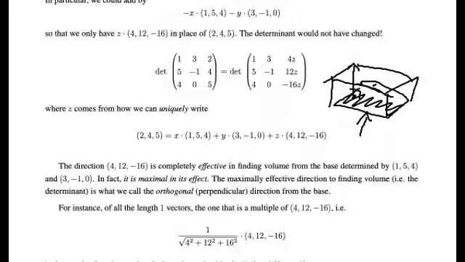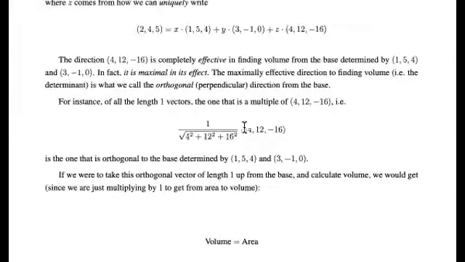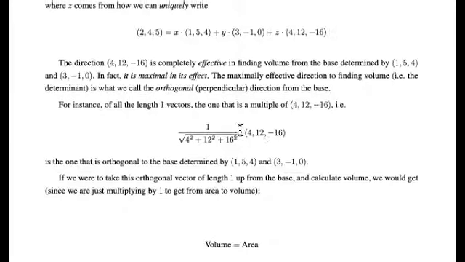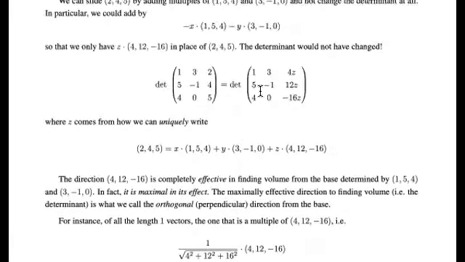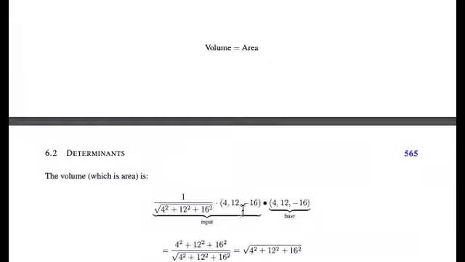So this is kind of nice. We can get the area of the base by making this length 1. And notice it's just by taking the vector of determinants, dividing it by its length, and then dotting it to itself. So this becomes the input, and the base, that should give you the volume.